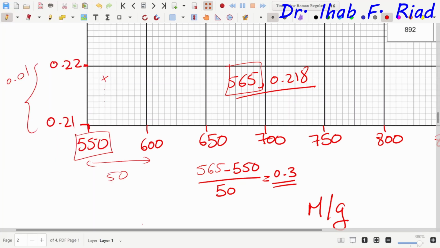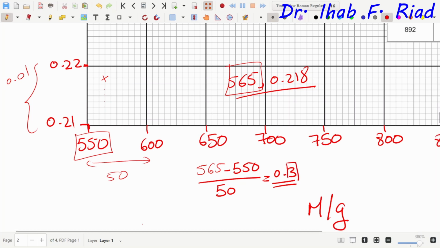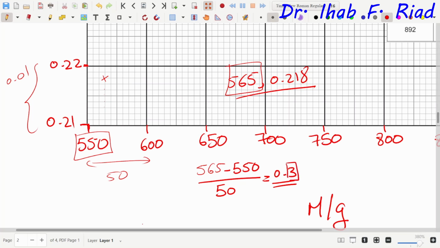How can we make use of this value? We look at the first value after the decimal point. We get 3, meaning that we need to use 3 small squares. Then 1, 2, and 3.